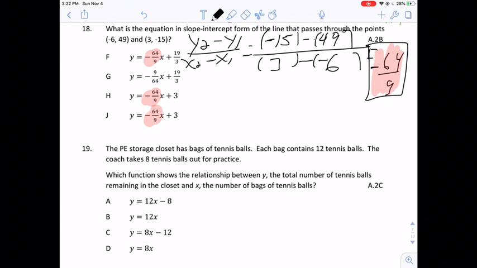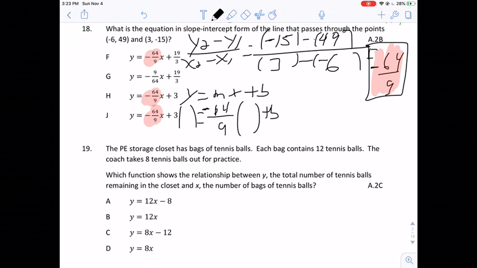Okay, so I'm going to start with y equals mx plus b. My slope, we said, is going to be negative 64 over 9, and I'm going to input any number that I want for x, any number that I want for y, plus b.